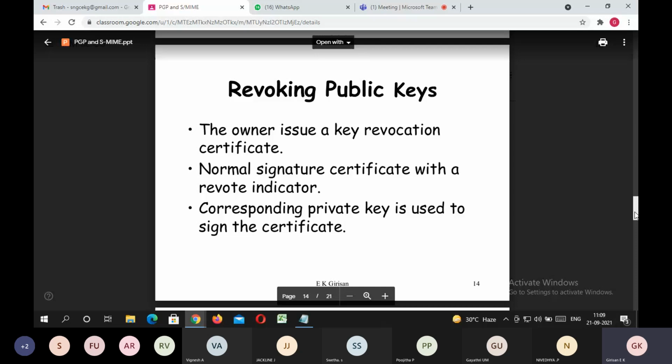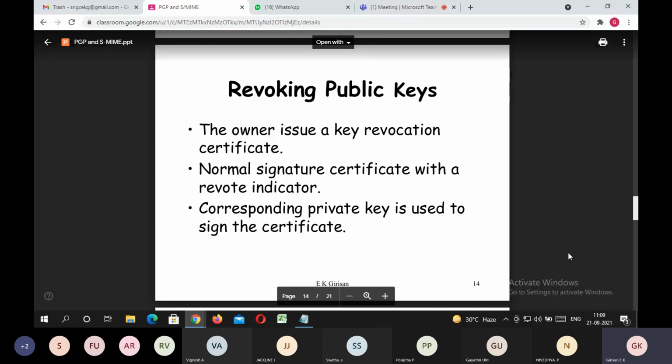When there is a compromise, or an issue with this email, what happens is that after a certain period of time, the public keys will be revoked. Whoever is possessing the public key, and the public key of user B is issued by the central authority agency.